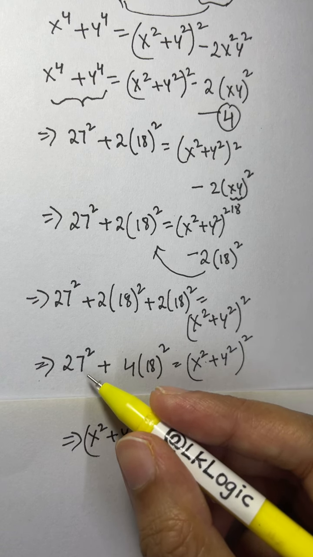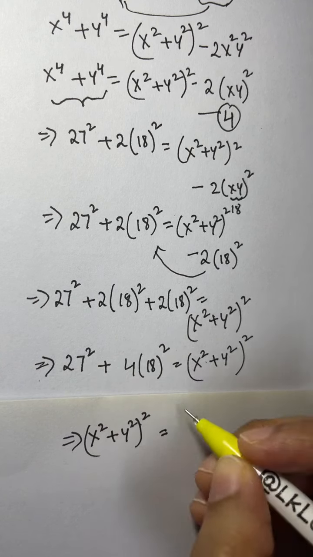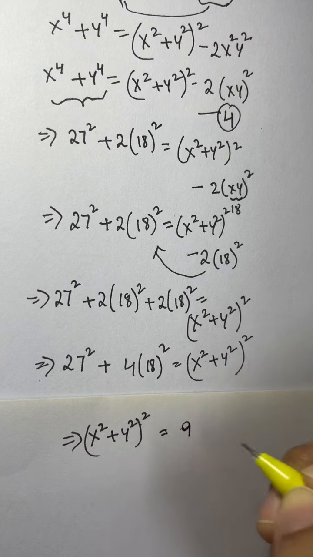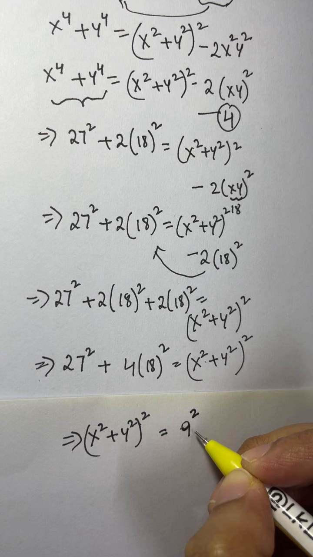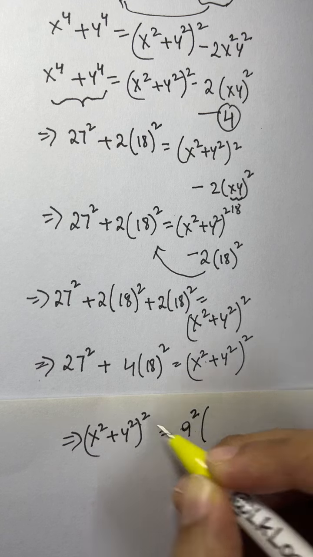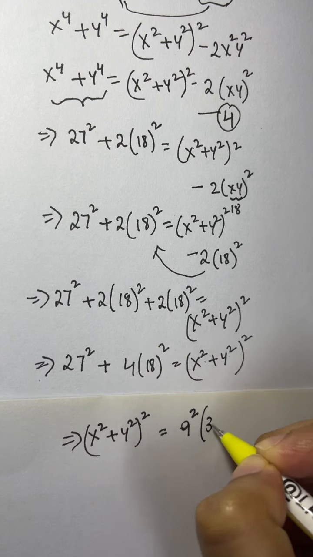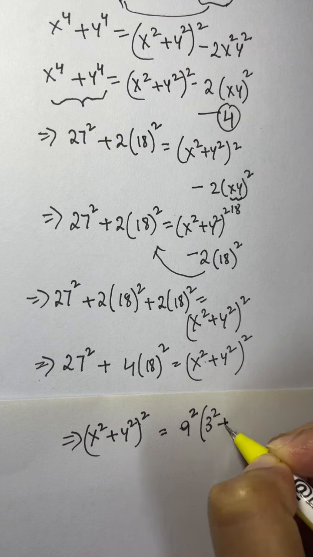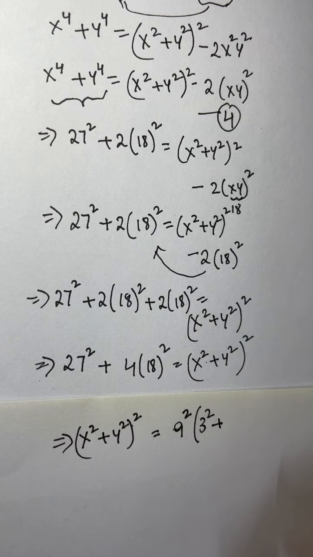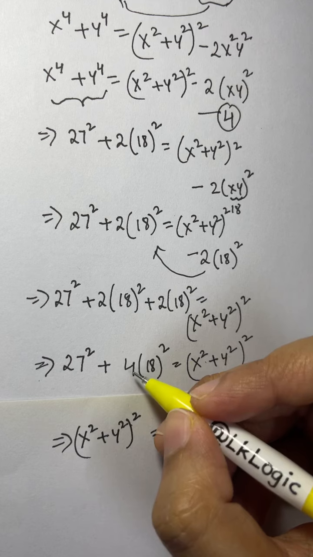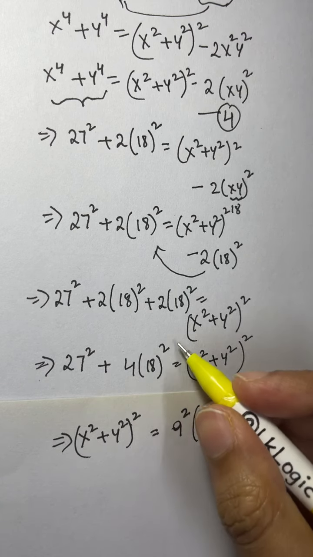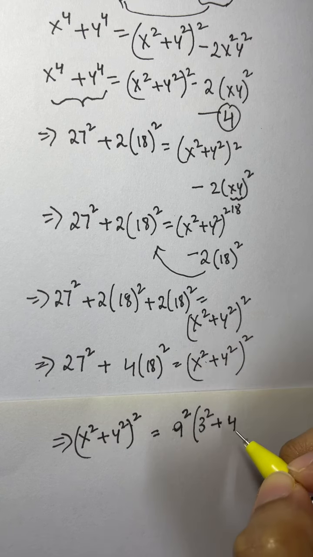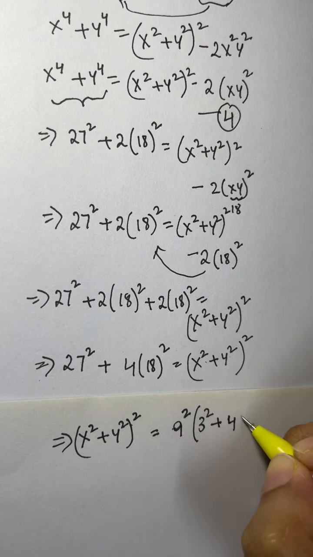Alright, 27 squared can be written as 9 squared times 3 squared. So I'm going to take 9 squared common. Out of this, I'm left with 3 squared plus, as I've taken 9 squared out of this as well, what I'm left with, 4 is there. From 18 squared, I'm just left with 2 squared.